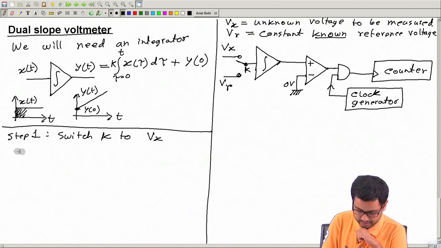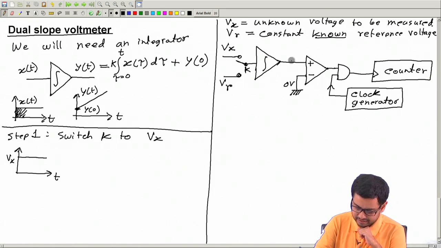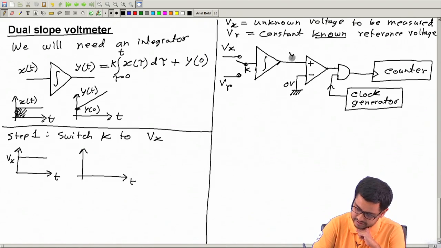So what will happen if this is Vx, which is constant, then t versus, call this y, Vy, then Vy will increase like this.